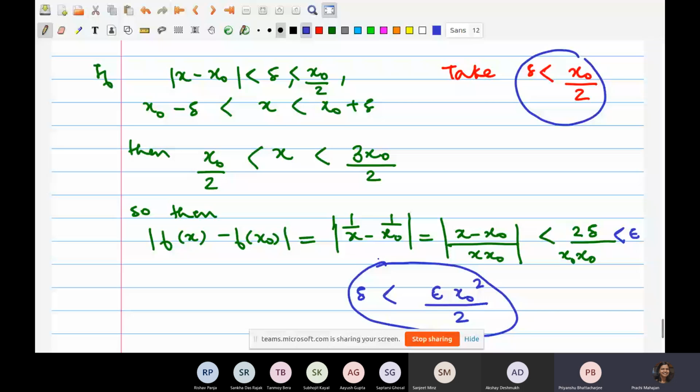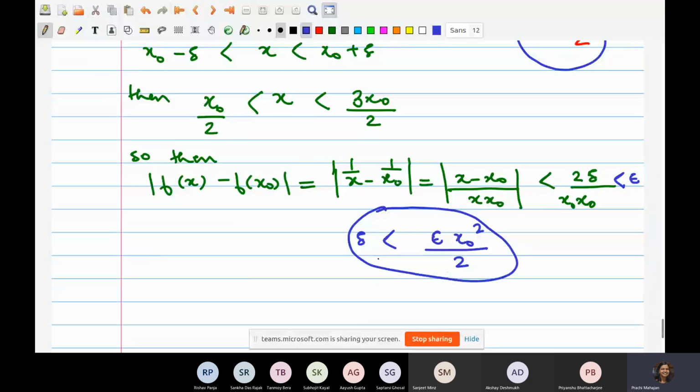But one way to fix that is you take delta to be the minimum of these two quantities. No, that is also a way to go about it. So you define delta to be the minimum of these two quantities. Isn't it?